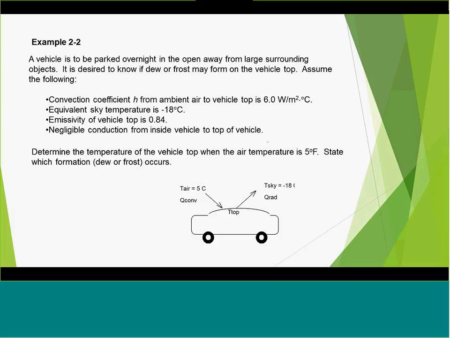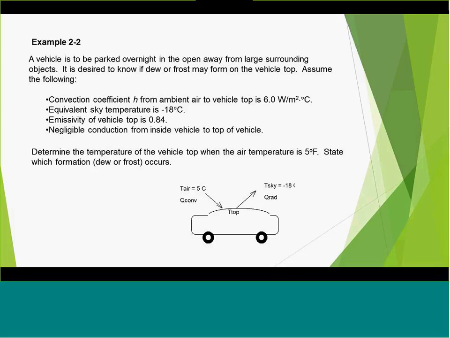So we have example 2.2. A car is parked overnight in the open, away from large surrounding objects. It is desired to know if dew or frost may form on the vehicle top. Assume the following. The convection coefficient from ambient air to the vehicle top is 6. The equivalent sky temperature is negative 18 degrees Celsius.